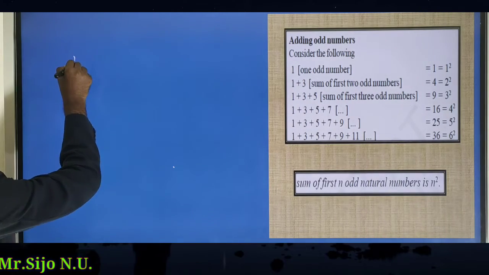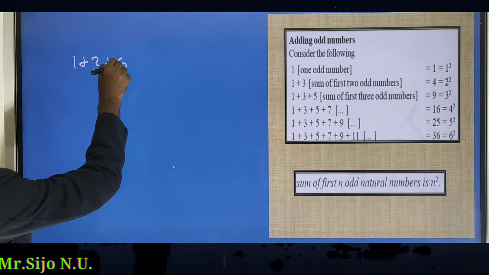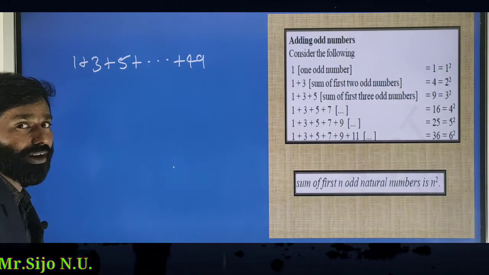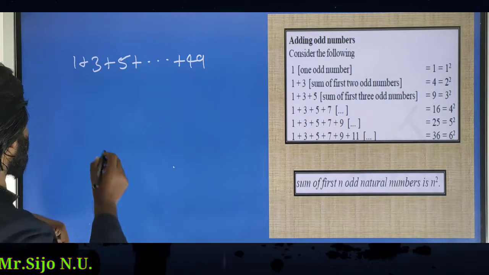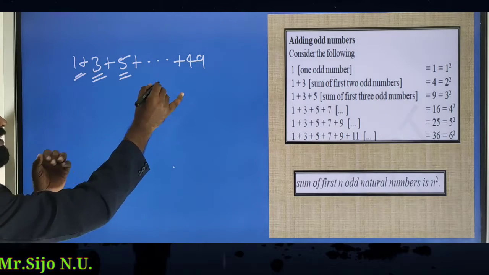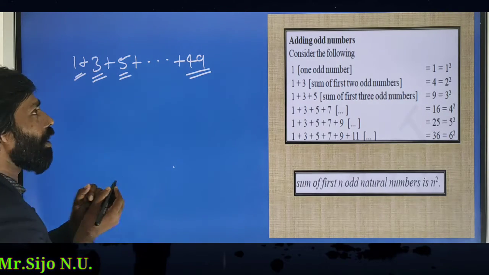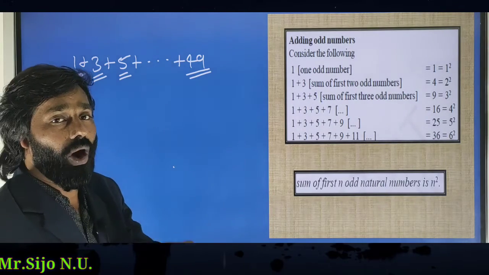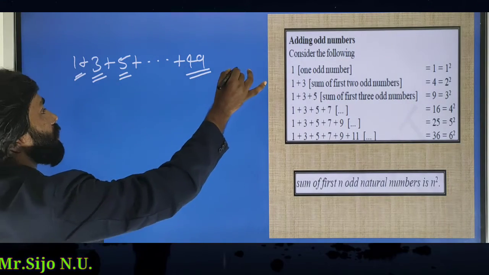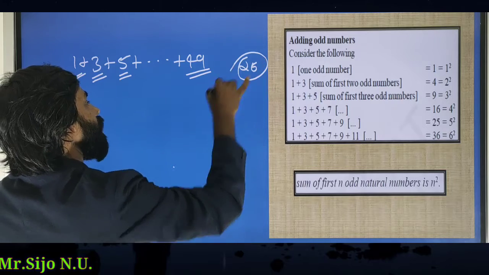Let us consider 1 plus 3 plus 5 and so on, plus 49. How can we find its result? We know this is the sum of odd numbers only, right? Here it's up to 49. Up to 49, how many odd numbers are there? There are 25 odd numbers.